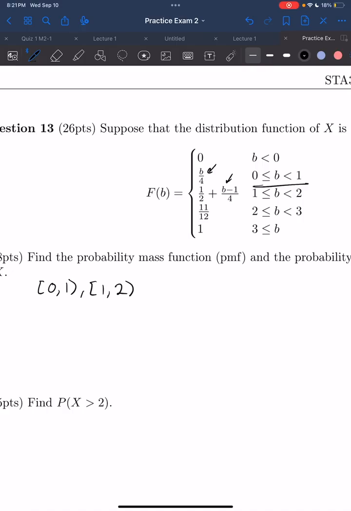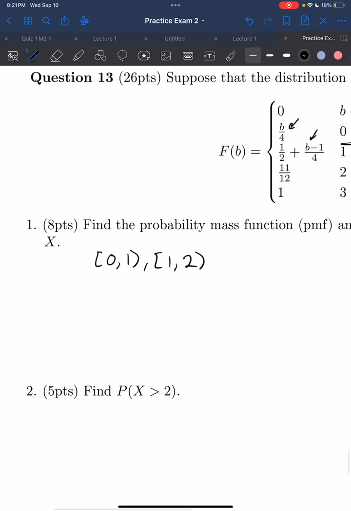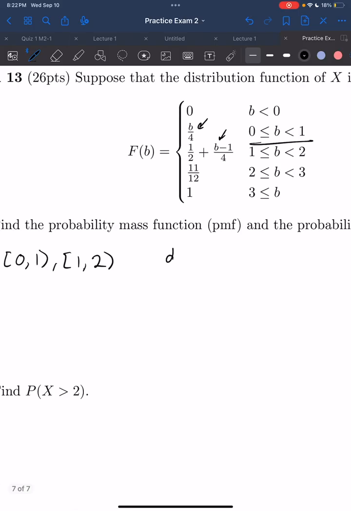Okay, so now we can calculate our probability density function for our continuous parts. So we do that by finding the derivative of our continuous parts.